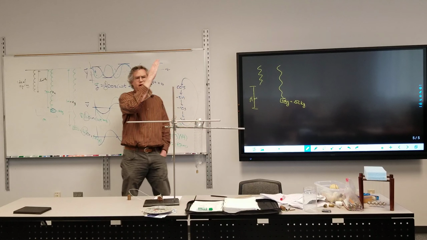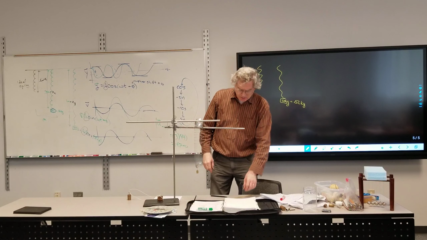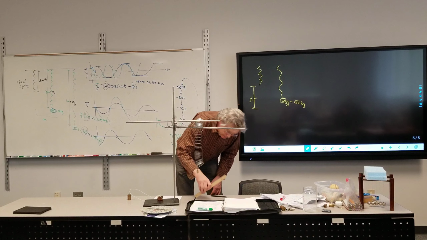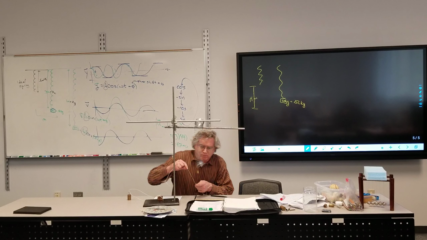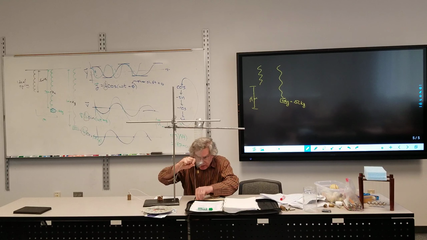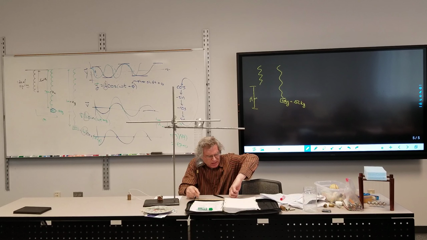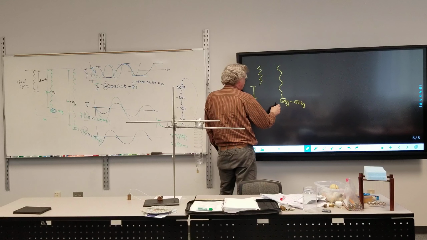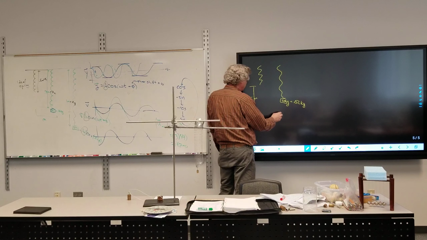Now, it is at an angle there, so what I'm going to do is measure the high point and the low point, and then do the average. So the low point here is 29 centimeters.